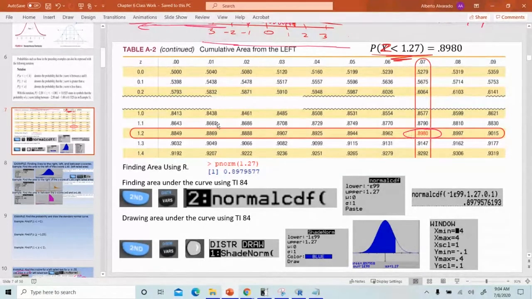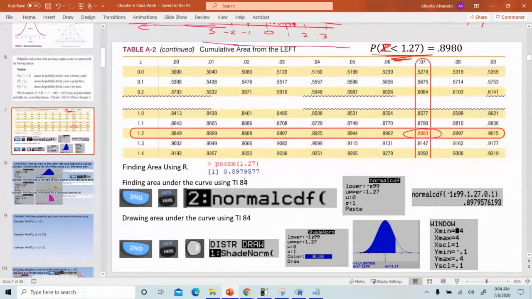This table is in your book, in the appendix, table A2. You just use the 1.2 and the 0.07. That matches up to 1.27, and the area left of 1.27 is 0.898.